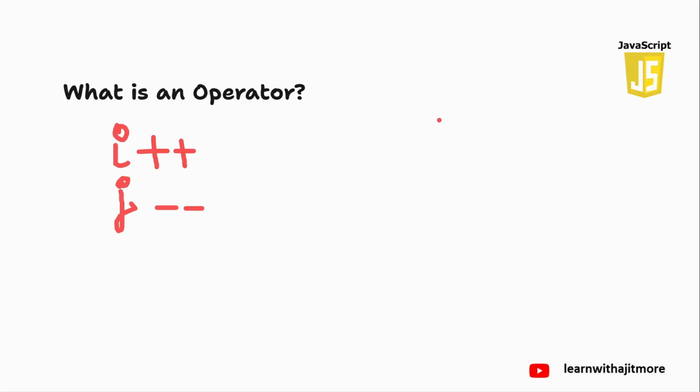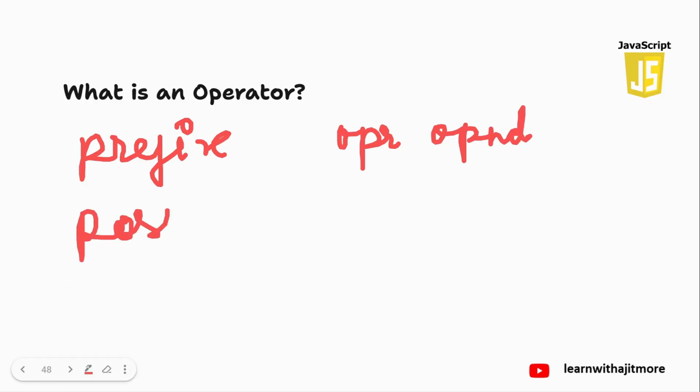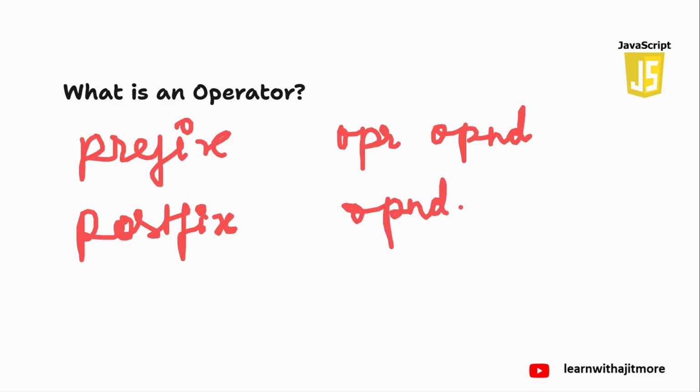Unary operators follow postfix or prefix. There are some prefix also, no? Plus plus I. So what you'll remember: unary operators follow prefix notation, where the operator is before the operand, and they also follow postfix notation, where the operator is after the operand.